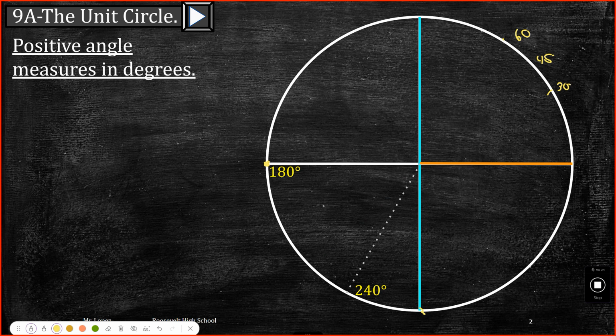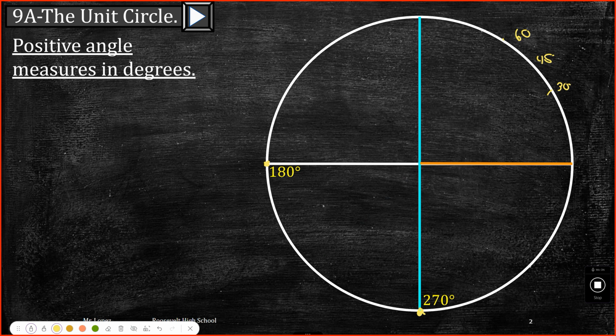What's down here? Well, you could just do 180 plus 90. What's 180 plus 90? 270.